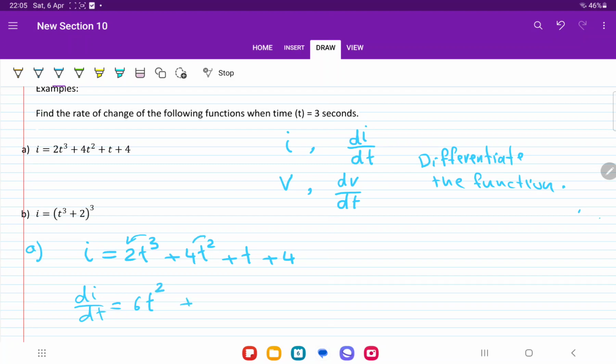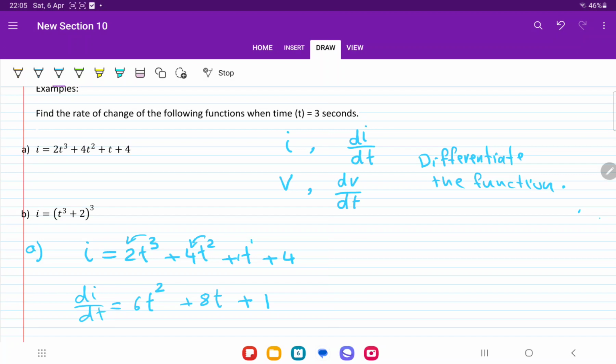Same thing here, 2 times 4 is 8, and the power 2 minus 1 is 1. Usually we don't write 1, and when we have t by itself, there's an invisible 1 here and the power 1 here, so you're just going to end up having 1, and the constant number becomes 0.